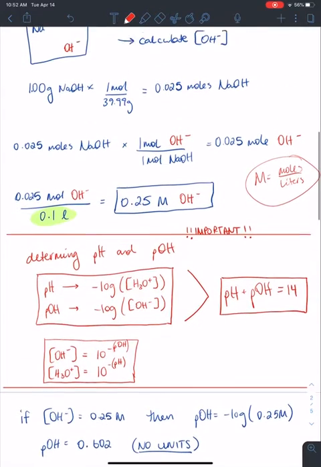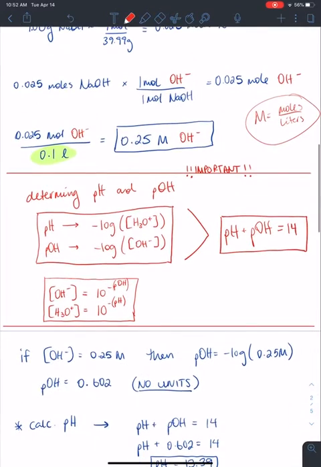So what does that mean, though? What can we do with these numbers? Hopefully you've all heard of the term pH. And then maybe you've also heard of pOH, which is similar. To calculate pH, you take the negative log of the concentration of hydronium ions.